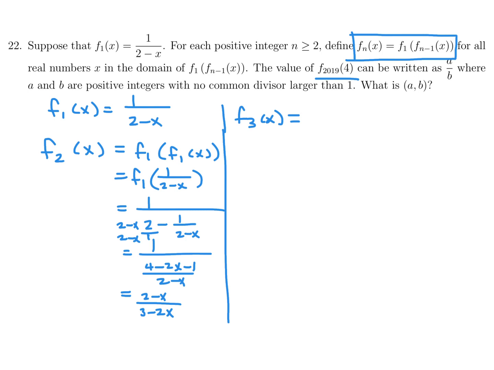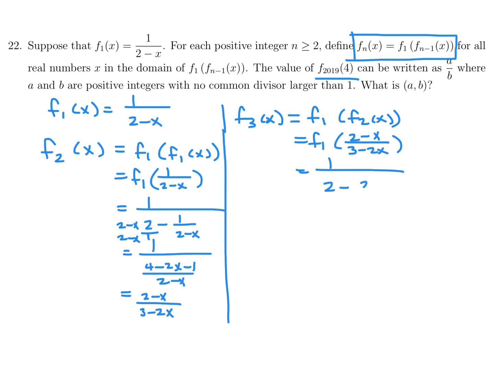F sub 3 of x. So here we go. That would be f sub 1 of f sub 2 of x. So that's going to be 1 over (2 minus x over 3 minus 2x), like that.